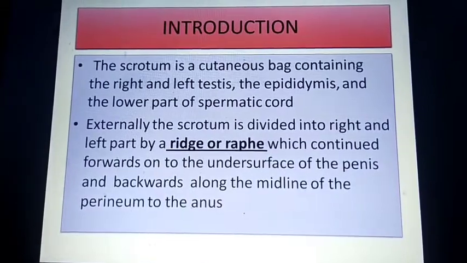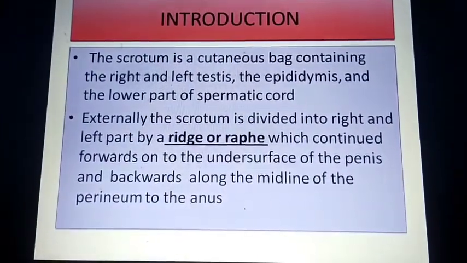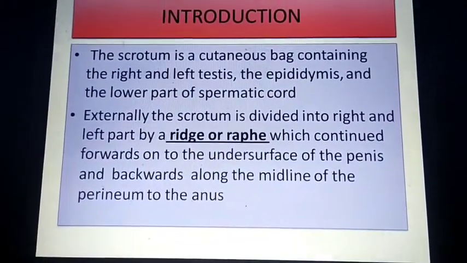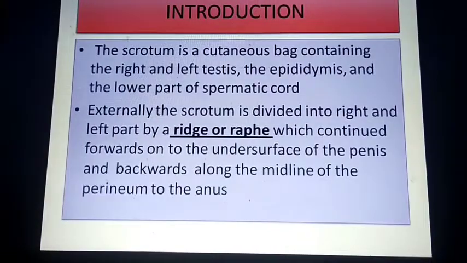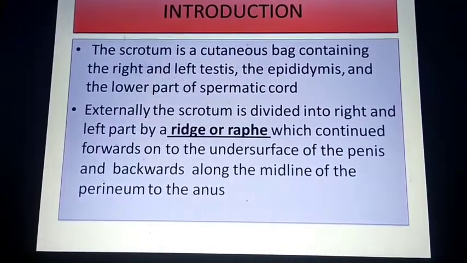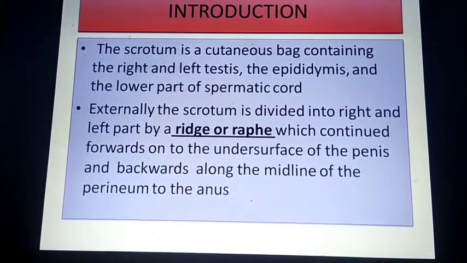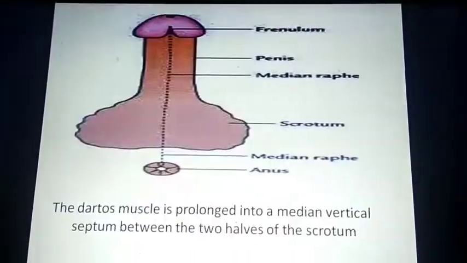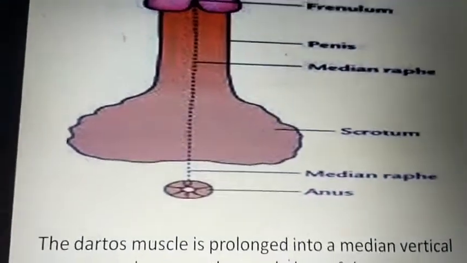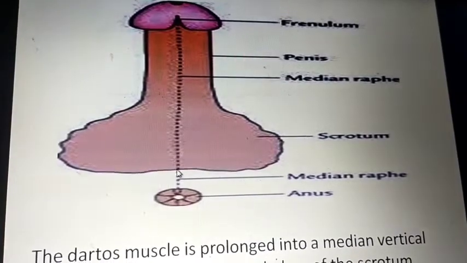Externally the scrotum is divided into right and left parts by a ridge or raphe. The ridge continues forwards to the under surface of the penis and backwards along the midline of the perineum to the anus. You can see here in this picture, this is a raphe or a ridge, a median ridge.